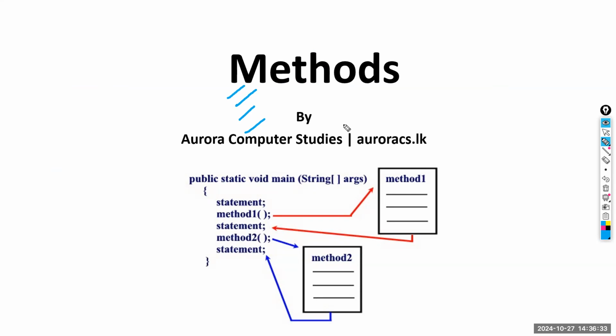Also, if you want to change that function, sometimes you need to go to 3, 4, 5 places and change it. But if you put it into a method, then you can call that method many times. Then you need to write less code. And if you want to change that functionality, you have one place to go and change. You don't need to change it in 4, 5, 6 places. So therefore, a method is very handy.